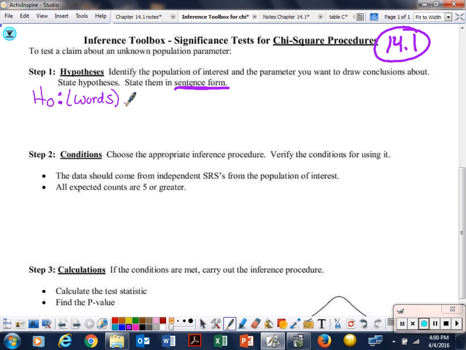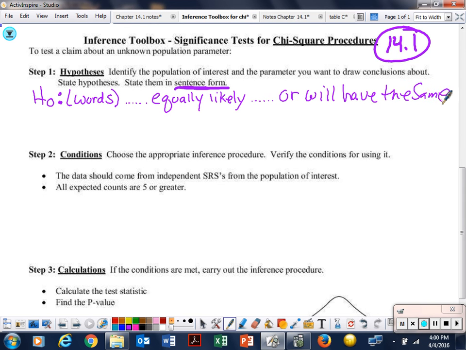So whatever we're looking for, somewhere within that sentence we need to say something like equally likely, or that something will have the same distribution. So our hypothesis is that something is going to be the same, or something is going to be equal.